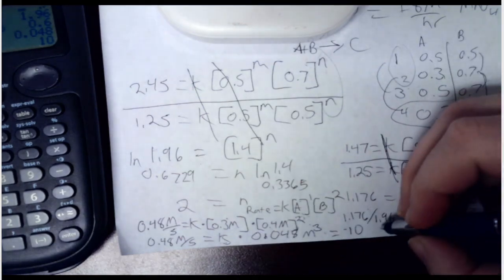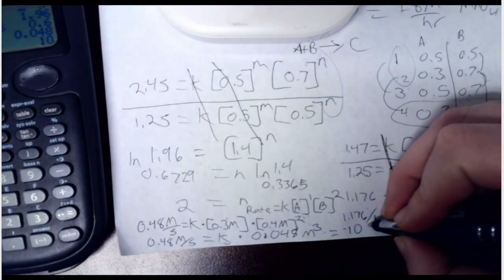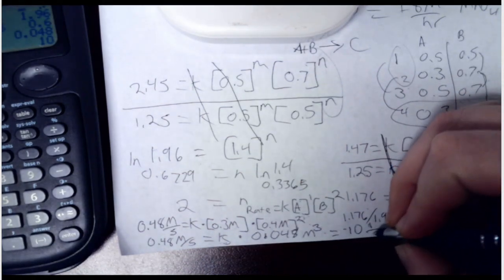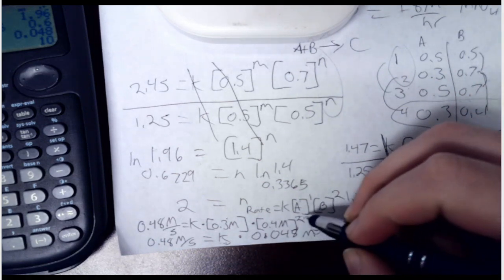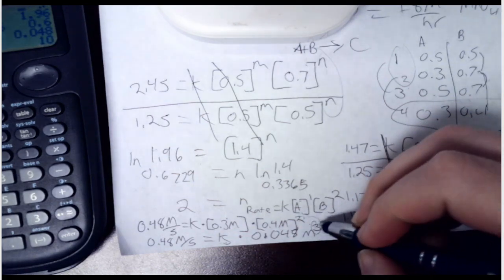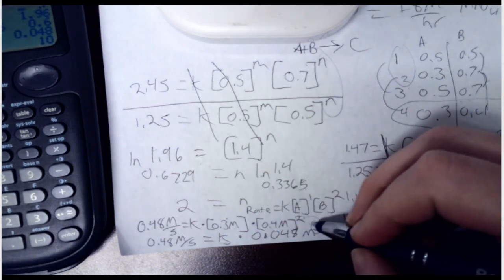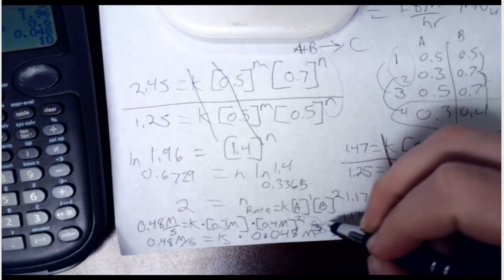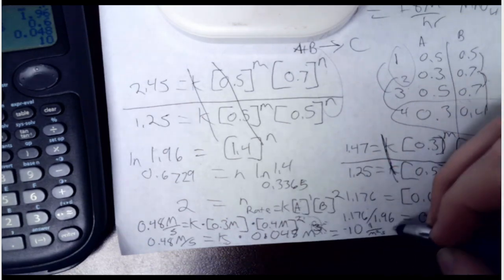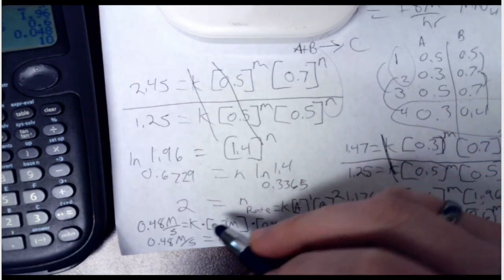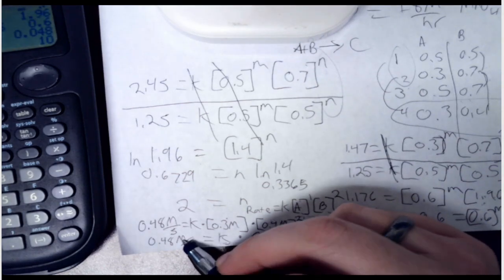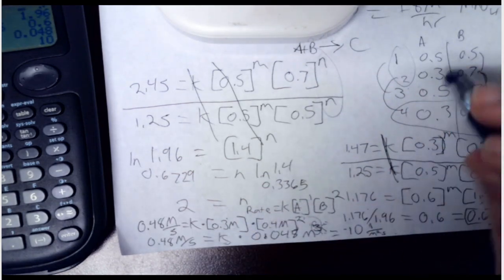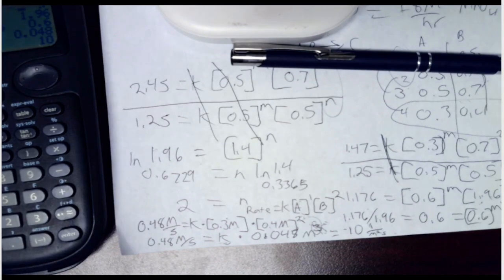But the units of k are 1 over M squared s, because 1 over M squared s takes care of 2 of the M in the M cubed. And we want to leave one of them behind so that we carry the M through. And the s will need to be there.